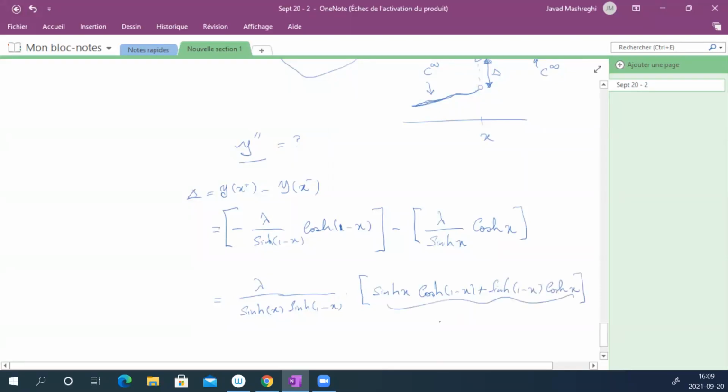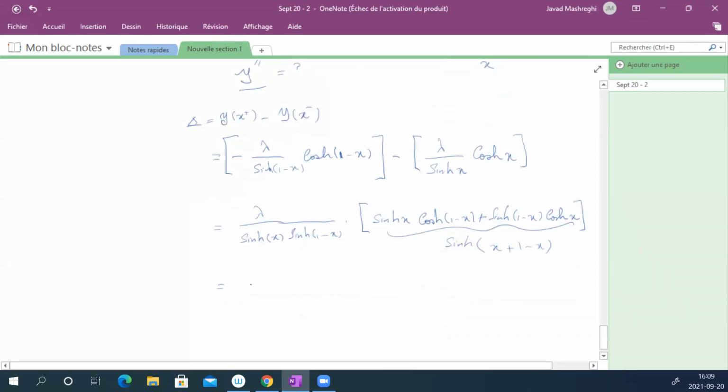And this is the formula for sine hyperbolic of alpha plus beta, x plus 1 minus x. So it simplifies to minus lambda sine hyperbolic 1 over sine hyperbolic 1 minus x sine hyperbolic x.